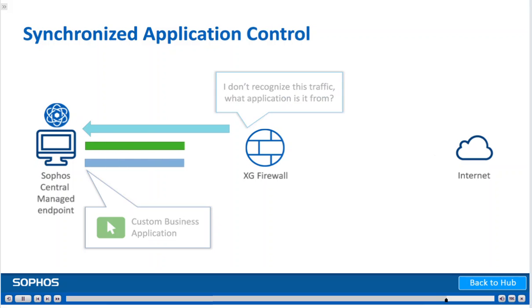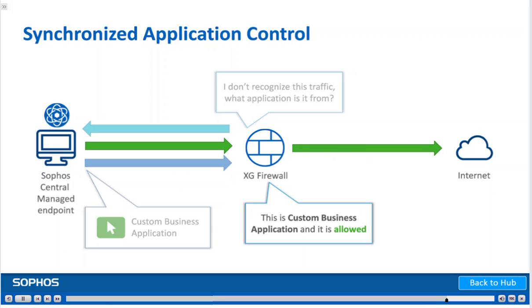Synchronized app control is a breakthrough in network visibility. It can identify, classify, and control previously unknown applications active on the network, utilizing synchronized security to obtain information from the endpoint about applications that don't have signatures or are using generic HTTP or HTTPS connections.